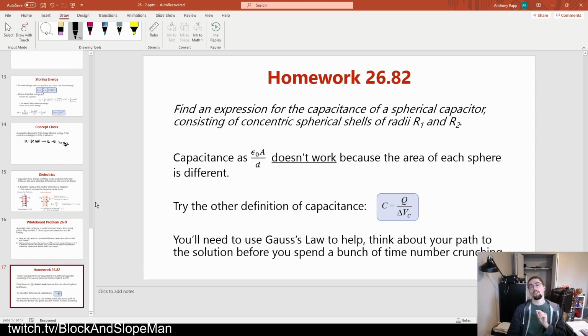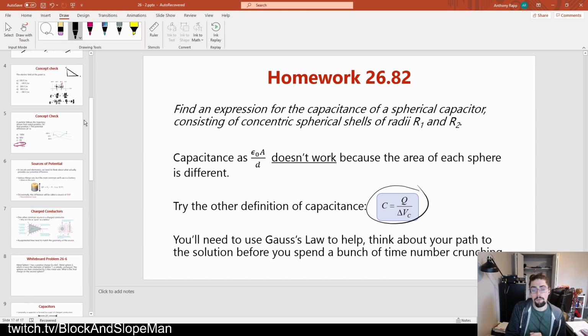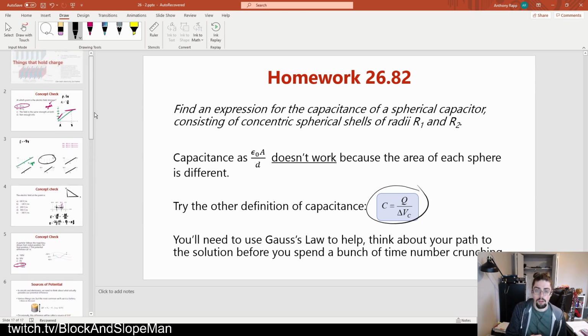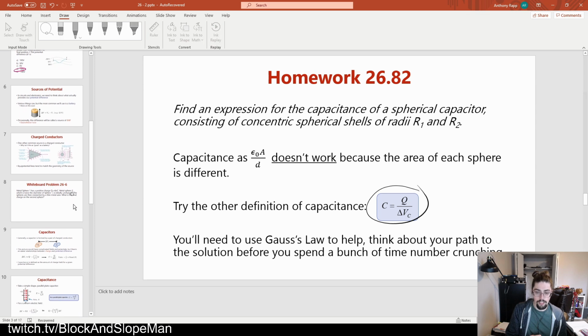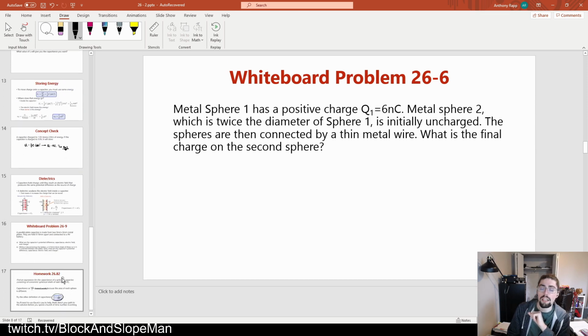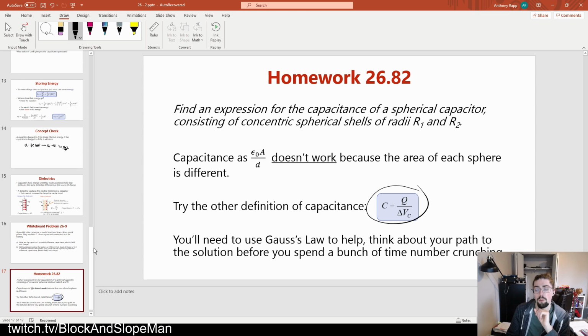Instead, you've got to think about the definition of capacitance as we've given it here. And then think again about what we do. How do we find the potential on a surface? Where did that problem go? Here it is. How do we find the potential on the surface of a conductor, specifically a spherical conductor? Those two details will help you get through this one.